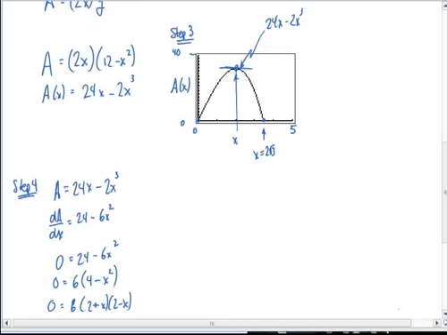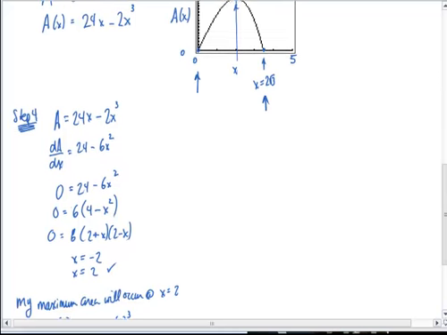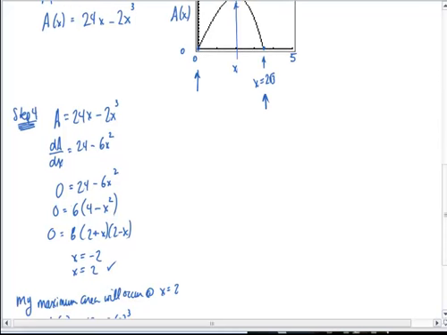Well, here we are, we're on step 4. We want to prove analytically what our maximum area is and where it's located. We know that from the graph that it is not at our endpoints on the interval. So, hopefully you took the derivative, area equals 24x minus 2x cubed. You take the derivative of the polynomial, you set it equal to 0, and you find that you get 2 critical points.